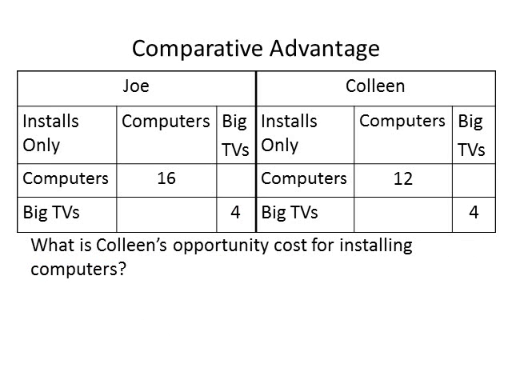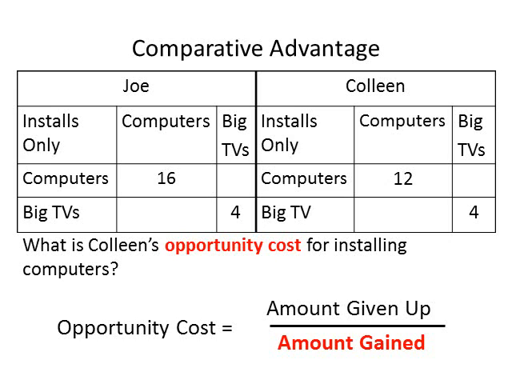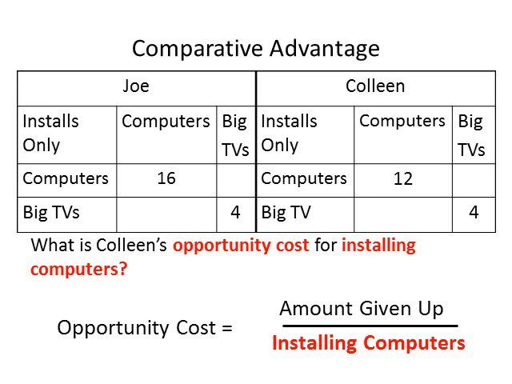Let's look at Colleen's opportunity cost for installing computers. Once again, we will use the formula: opportunity cost is equal to amount given up divided by amount gained. Whatever we're finding the opportunity cost of will be substituted in for the amount gained.